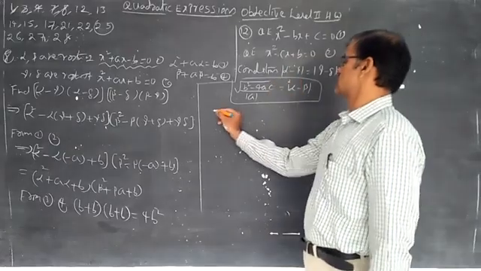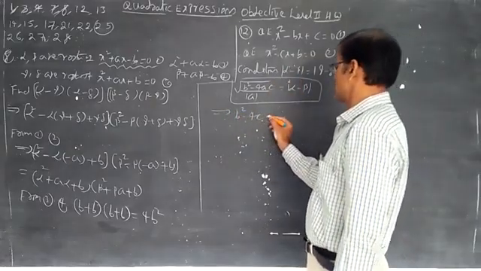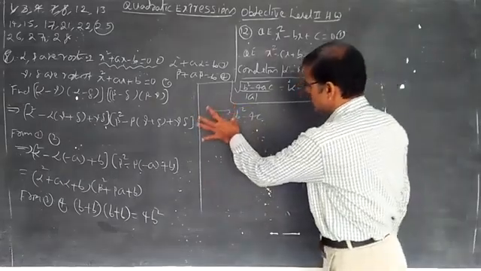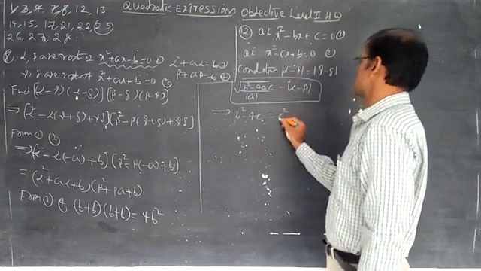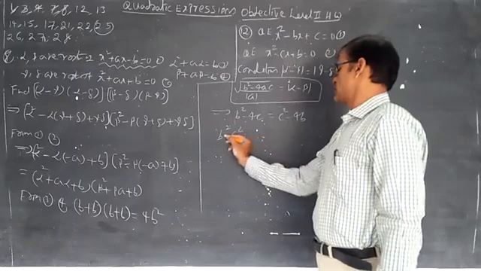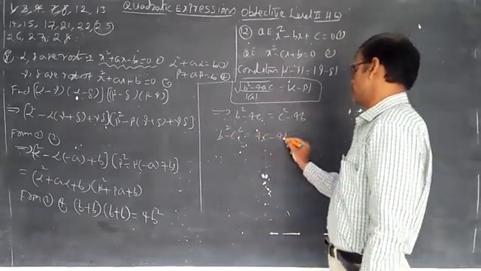Using this, it is nothing but root delta by mod a. Root delta means here b square minus 4c, over root c square minus 4b. Taking squaring on both sides, now you can write b square minus c square is equal to 4c minus 4b.